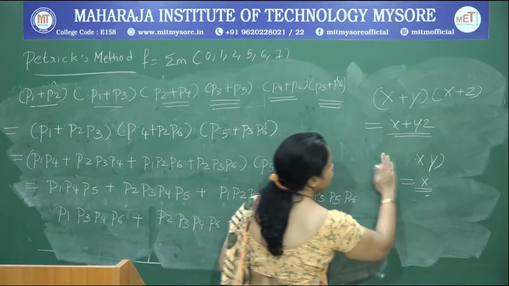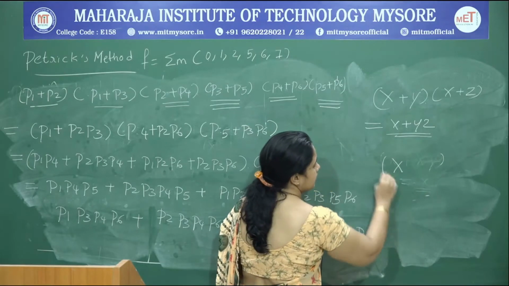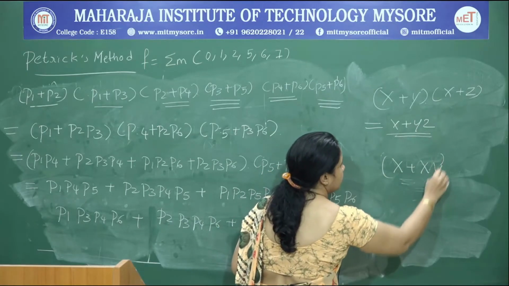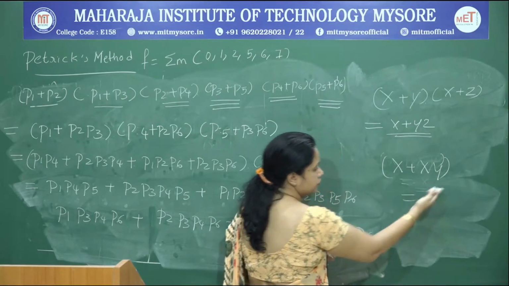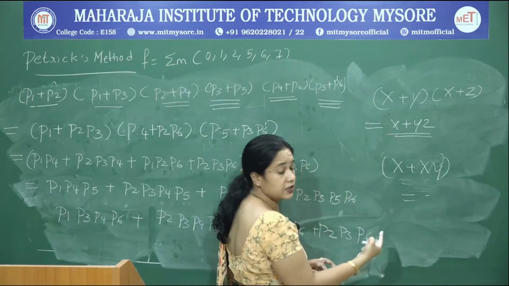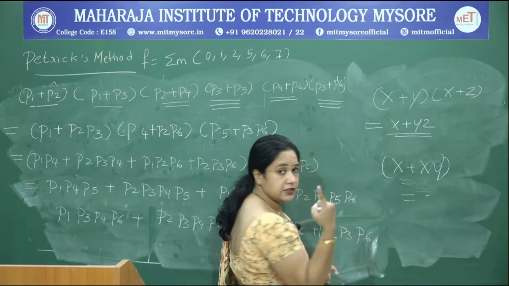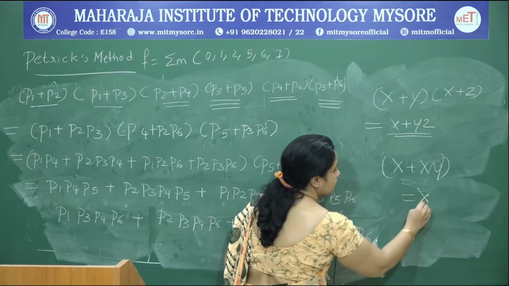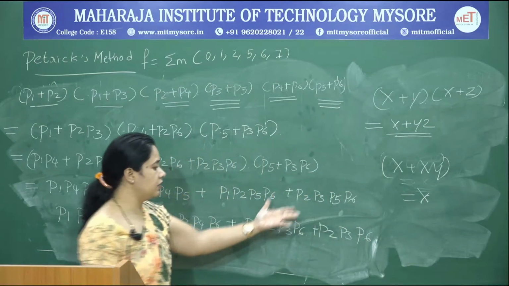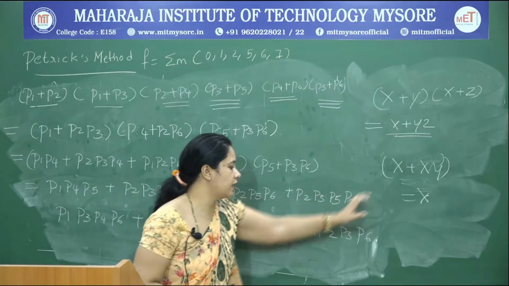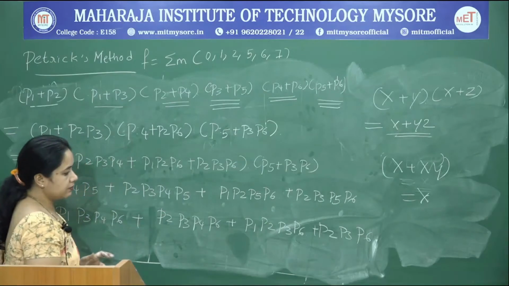Now we will try to apply the uniting theorem. If you reduce this, x is taken common, 1 plus y ends up being 1, so this reduces to 1. So we will see if we can apply this uniting theorem here and further simplify.